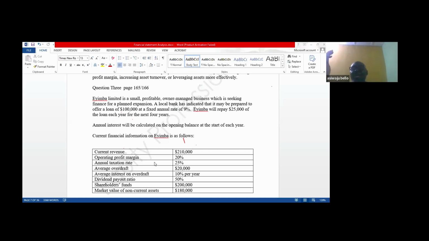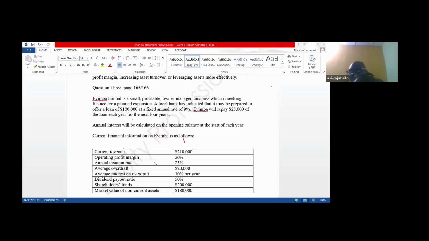A local bank has indicated that it may be prepared to offer a loan of $100,000 at a fixed annual rate of 9%.